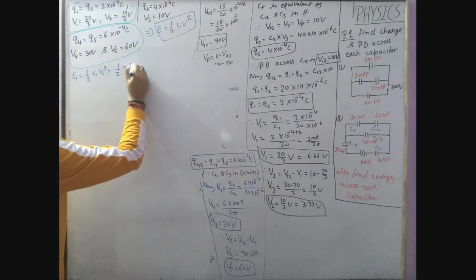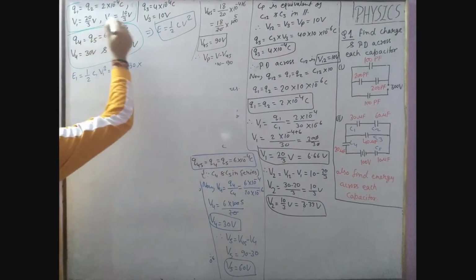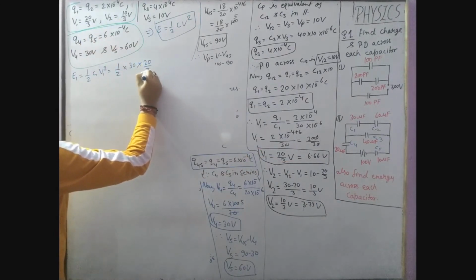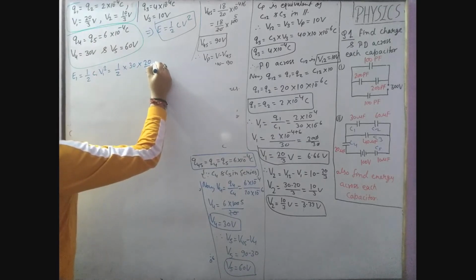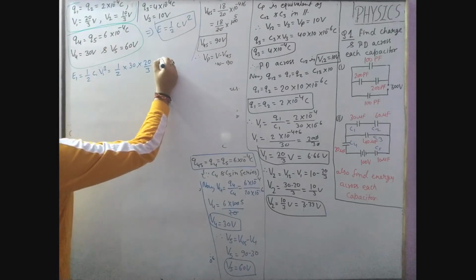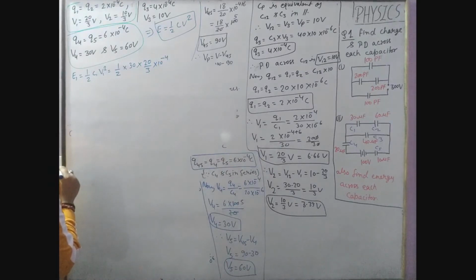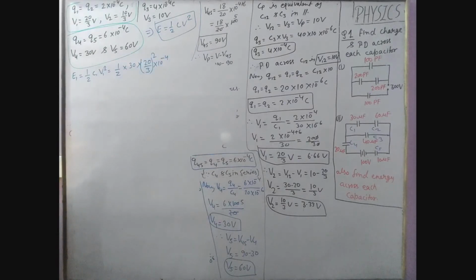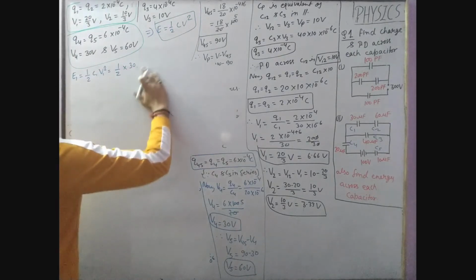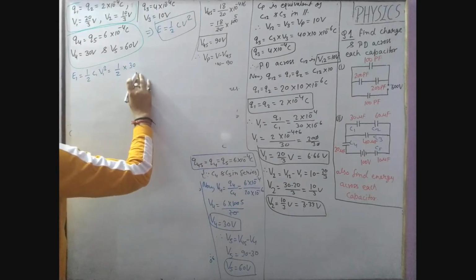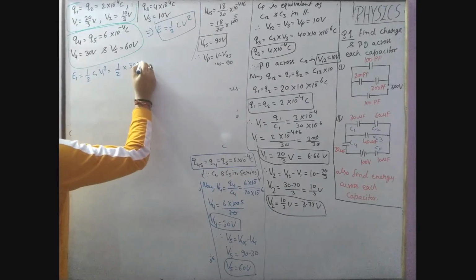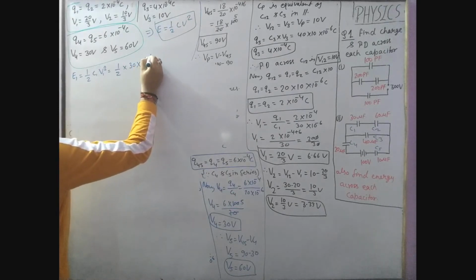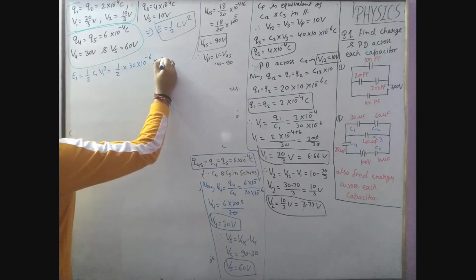C1 is 30 into 10 to the power minus 6, and the potential is 20 by 3, squared. So half into 30 into 10 to the power minus 6 into 20 by 3 square.